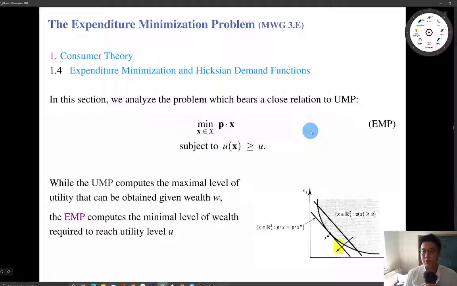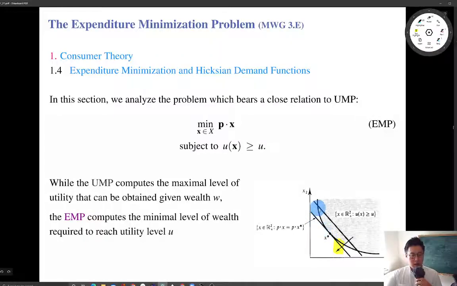There is a very close relationship between the problems UMP and EMP. In the UMP, we fixed one budget line, because in the description of the UMP, we can observe the price vector and the wealth, and that gives us exactly one budget line.